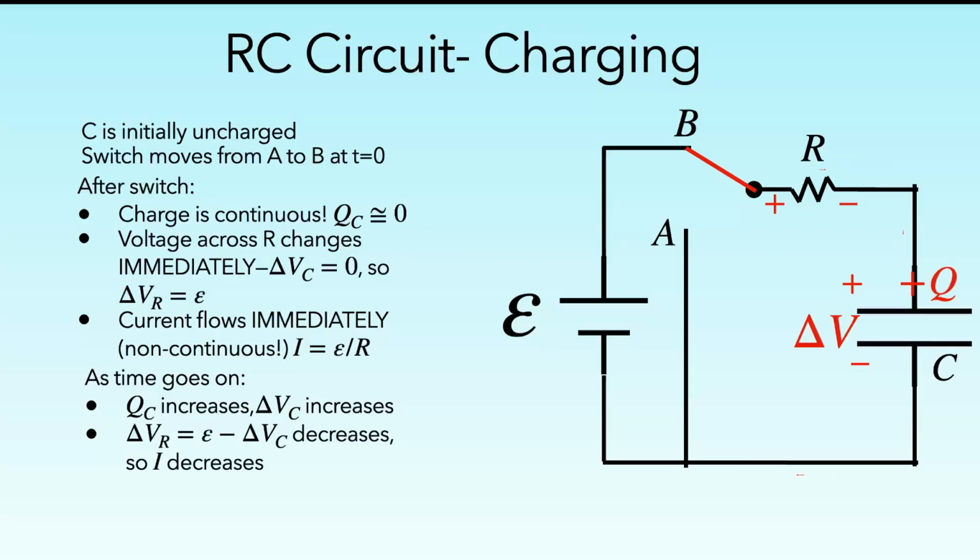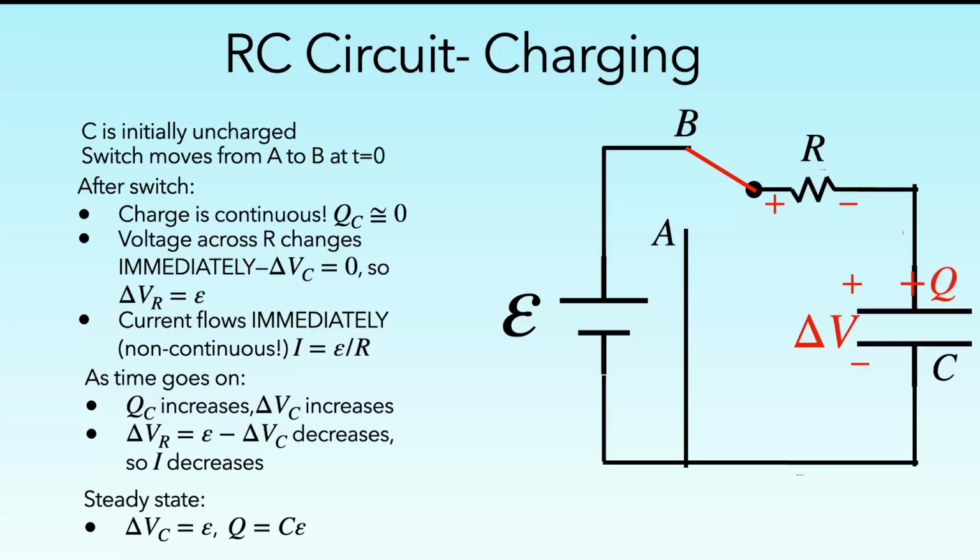Eventually, delta V across the capacitor is equal to epsilon, and there's no current flow. We say that capacitor is fully charged. So in the steady state, the capacitor voltage is the same as the EMF, and Q is just going to be that voltage times C. So it's C times epsilon, C times the EMF value.